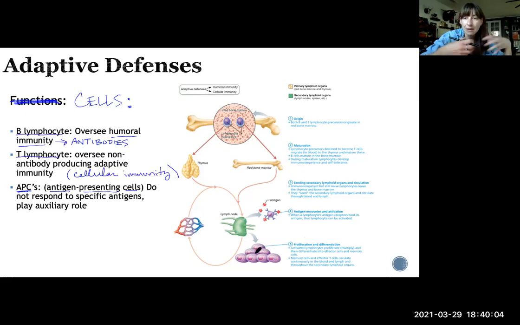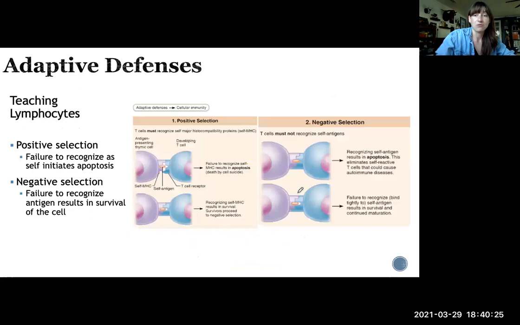It's going to propagate and make more of itself because, hey, we have encountered this antigen. I am the cell whose job it is to recognize this antigen and launch an assault against it. So I will proliferate and produce many, many more of myself to outnumber this antigen. Okay, that's generally speaking.